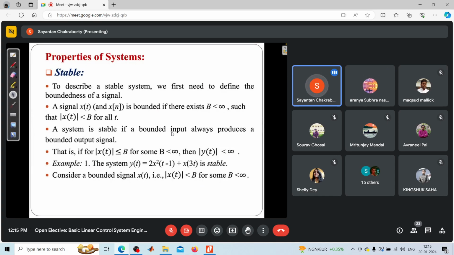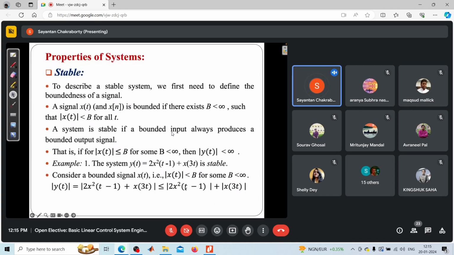So consider a bound like this: |x(t)| less than B. Now you take the mod of y(t), so that is the mod of 2x²(t−1) plus x(3t), and we know x(t) is less than B for any value of t. So we can simply write this mod is less than or equal to the mod of this plus the mod of this, right?